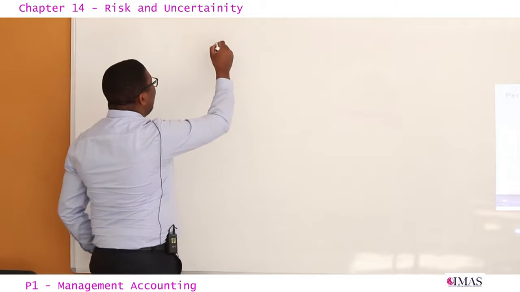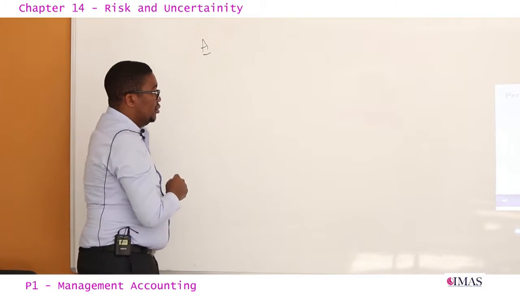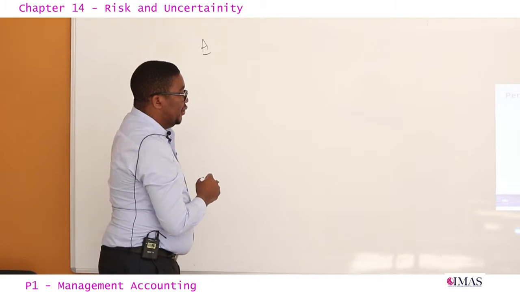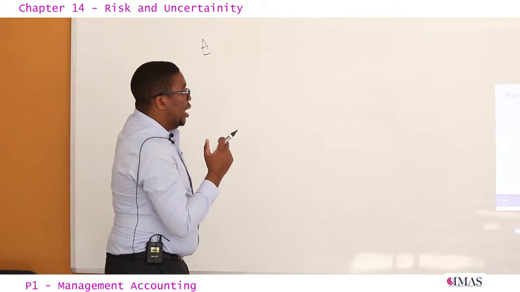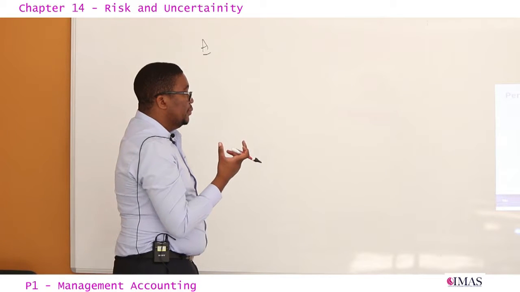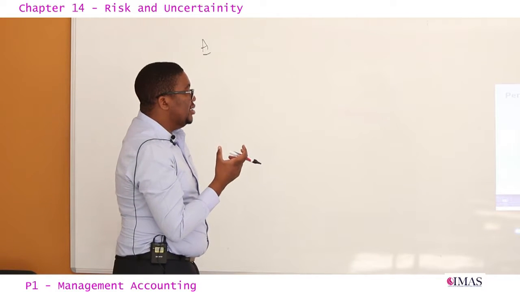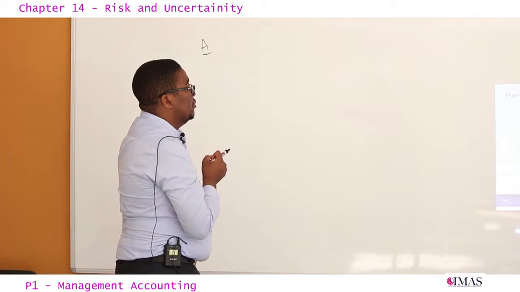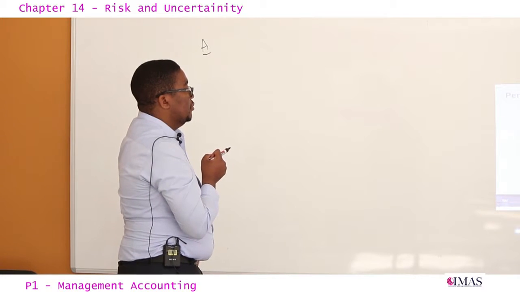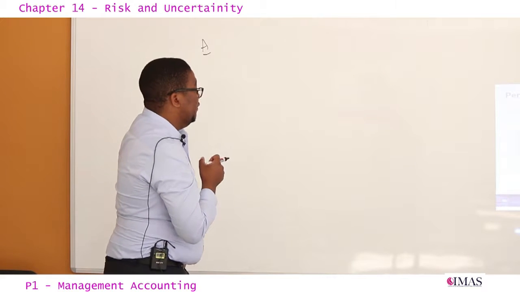Therefore, project A will have the following expected value. How are you going to do it? If the consumer reaction is strong, we said the probability will be how much? It will be 25%.